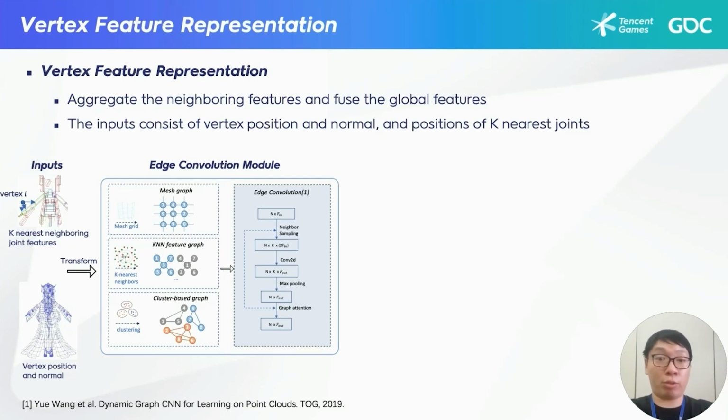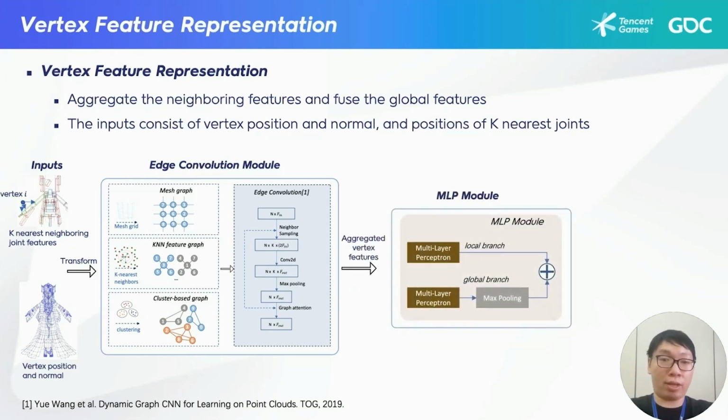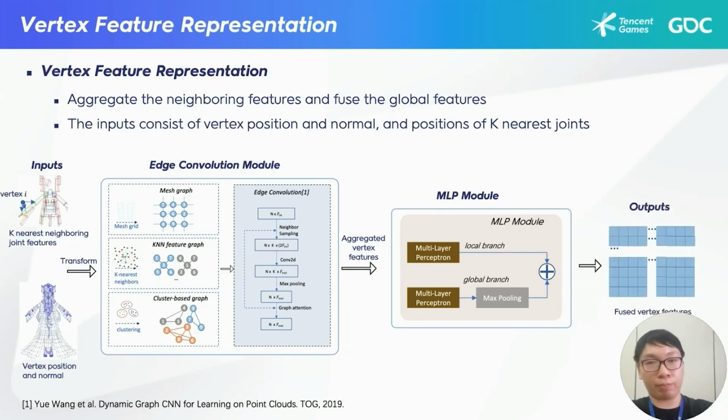Then we use an edge convolution module to aggregate adjacent vertex features. In addition, we use the MLP structure to extract global and local information such as mesh style, body part association, and so on. And finally, we obtained comprehensive features of each vertex.